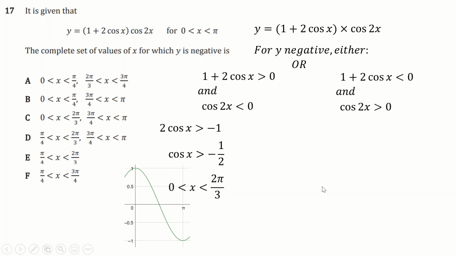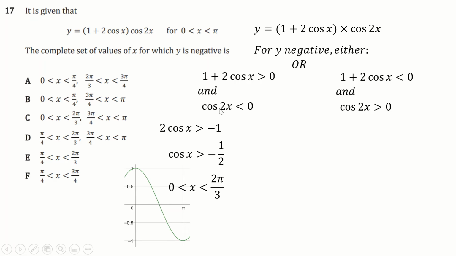Now, if you're a little bit unsure about that, you should know that cos is a half at pi over 3. So if it's pi over 3 this way to get to a half, it must be pi over 3 backwards symmetrically as the sine and cos graph are to get to here, and pi minus pi over 3 is 2 pi over 3. So that's going to be my range where cos of x is greater than minus a half. It's between 0 and pi over 3. Sorry, 2 pi over 3.